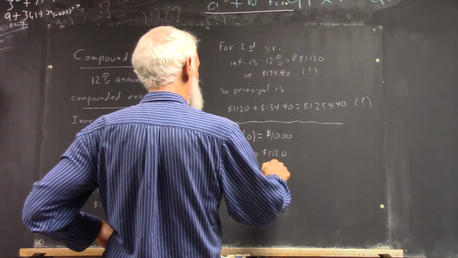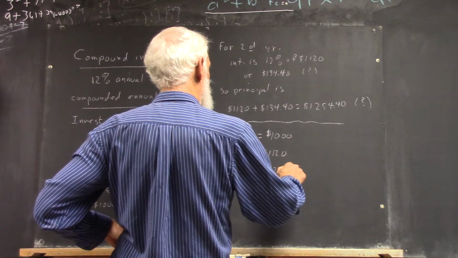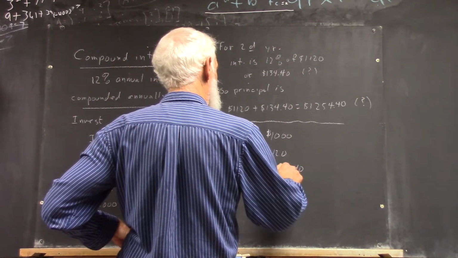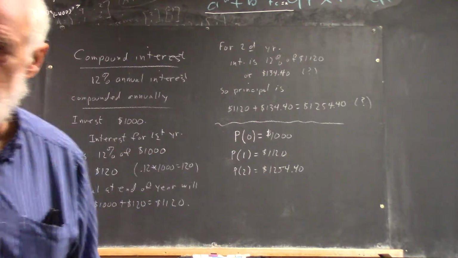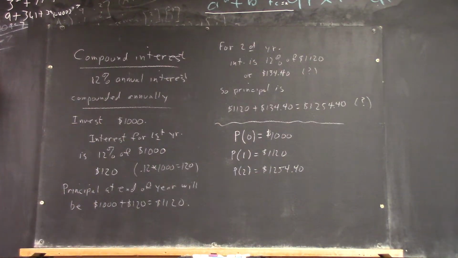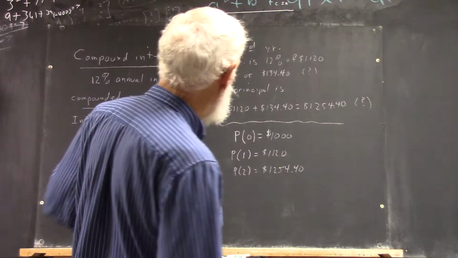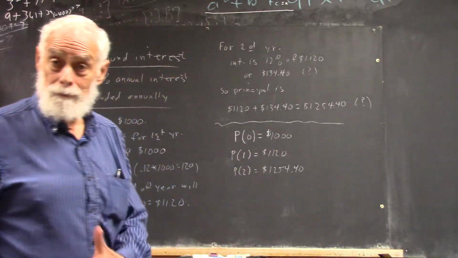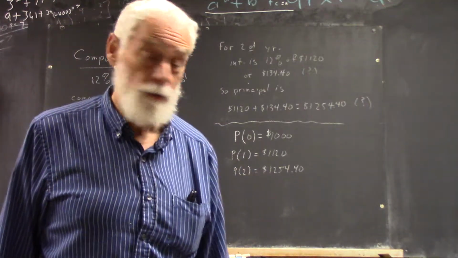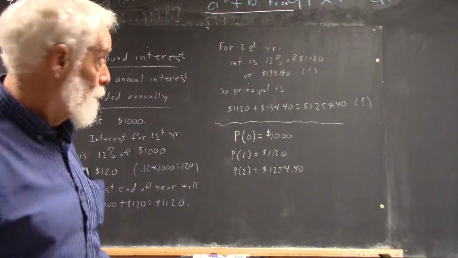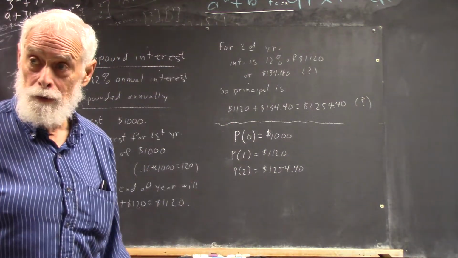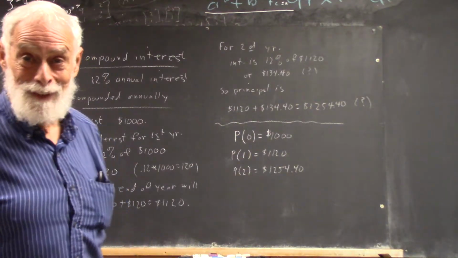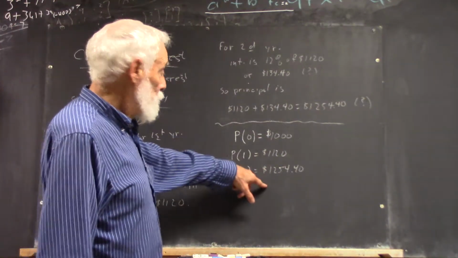P of 2 equals 1254.40. And do incidentally start bringing your calculators to class if you don't. I mean, if it's on your phone, you've already got it, I'm sure. But okay, whatever. But it's going to help you to have a calculator in class. Okay. So you can verify these things instantly, so I know if I'm doing good or not. Kind of. Okay. So we got this right.